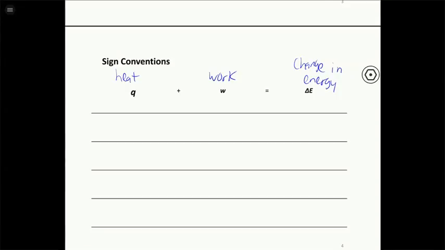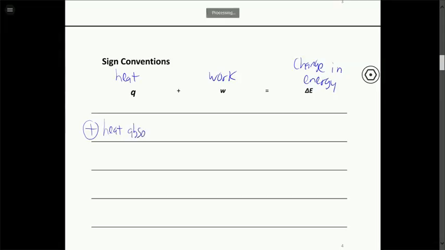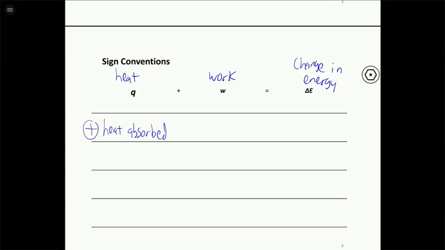All right, so let's think about a situation when heat is positive. What does that mean? That means that heat is absorbed by the system. So all of these signs are relative to the system. We're always studying change in energy for the system, not for the surroundings. So when heat is absorbed by the system, that means Q is positive. That means the heat is coming in from the surroundings into the system.